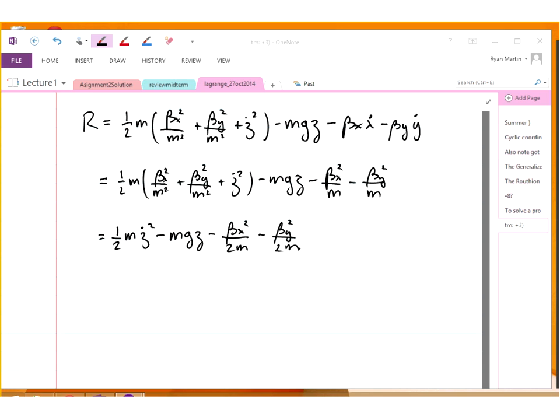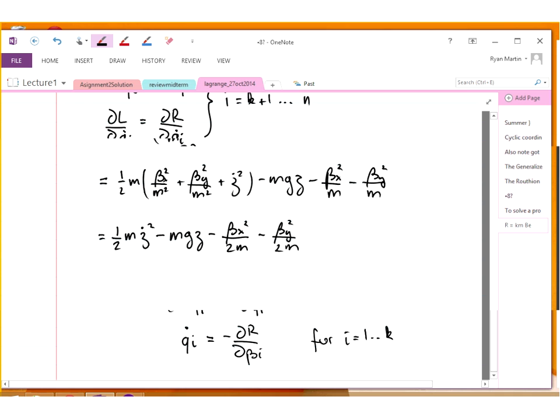Okay. So now we have the Routhian. So the Routhian depends on these constant terms, beta x squared and beta y squared. And then it depends only on the non-cyclic coordinate. So it's got the velocity that goes with the non-cyclic coordinate, z dot, and it doesn't have the cyclic coordinates in it.